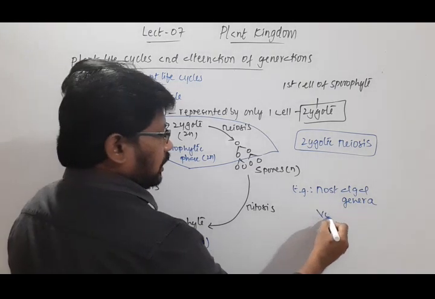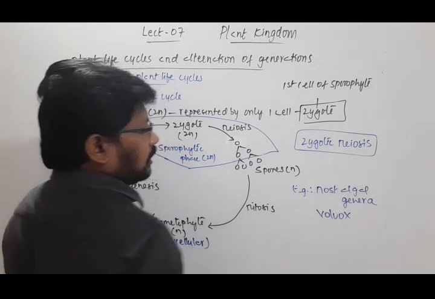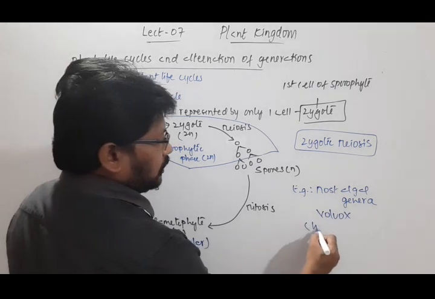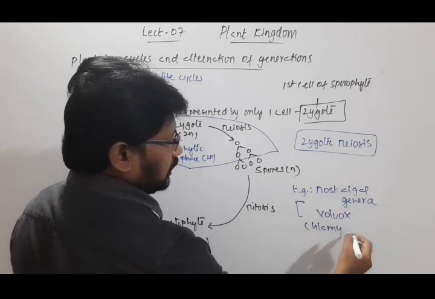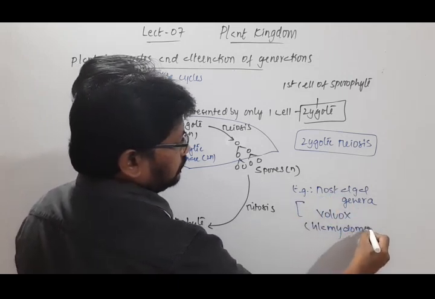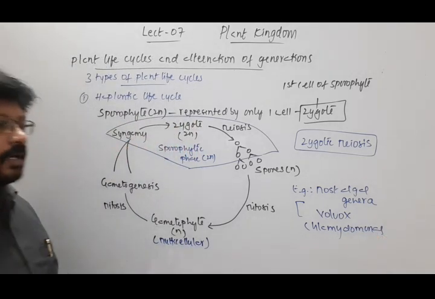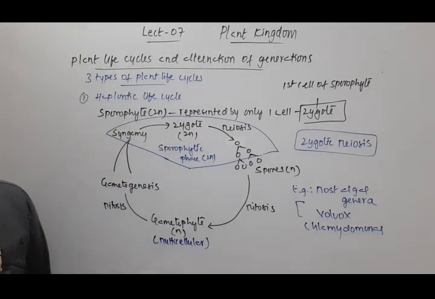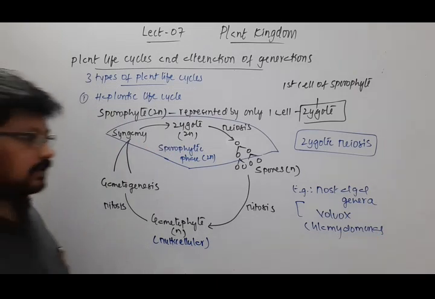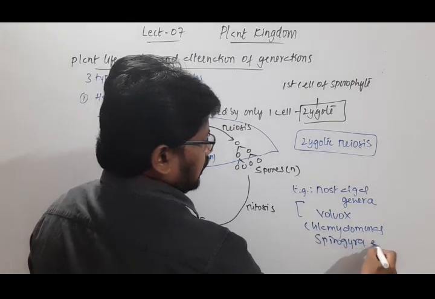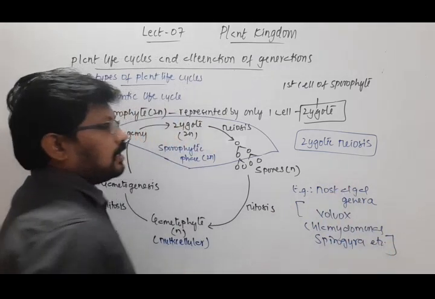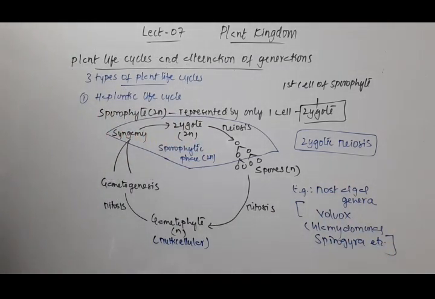We can even take Volvox, then Chlamydomonas, I'm just giving the examples of this, and we can even mention Spirogyra too, etc. These are the ones who show this haplontic type of life cycle.